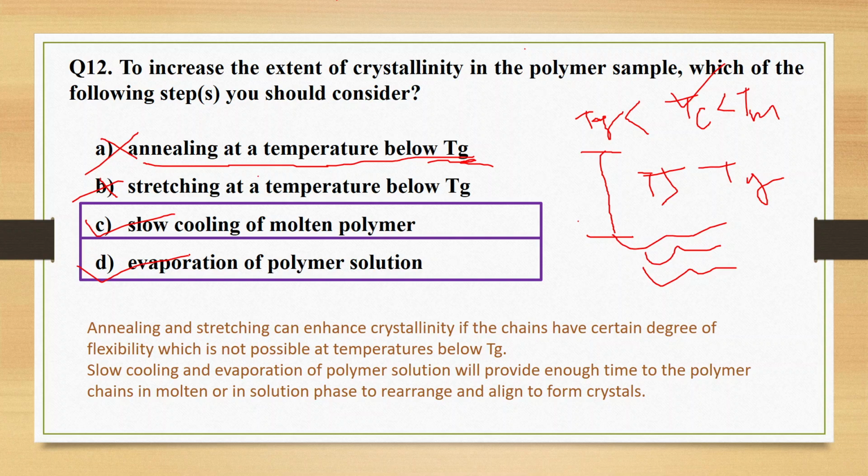How can they be filled? In between the polymer molecules there are solvents. Now they are slowly evaporating. That means you are again giving those polymer molecules sufficient time to come close to each other and form some kind of arrangement so that it can form crystals. So again, evaporation of polymer solution can lead to formation of crystalline domains.